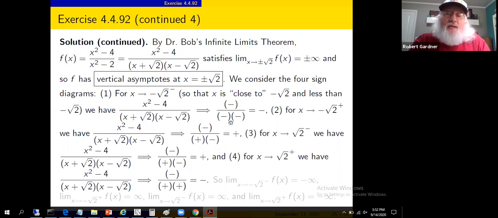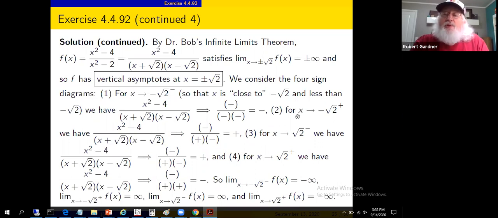We've got 3 negatives, a numerator and 2 in the denominator, yielding a net negative, an odd number of negatives. What's that tell you? The limit as x approaches negative square root of 2 from the negative side is negative infinity. Yeah, that one-sided limit is negative infinity.